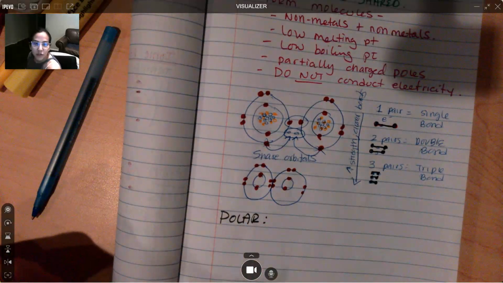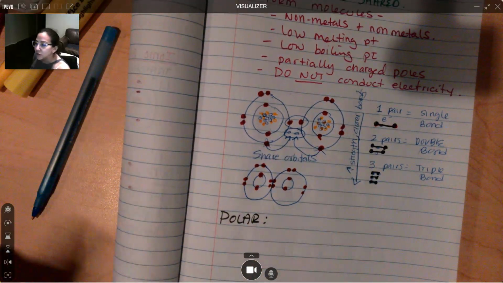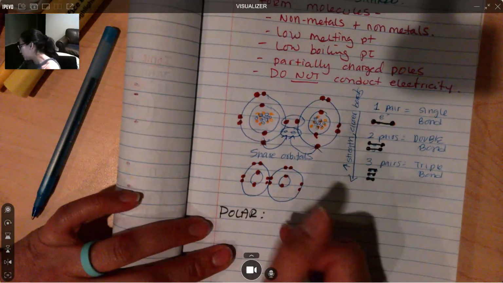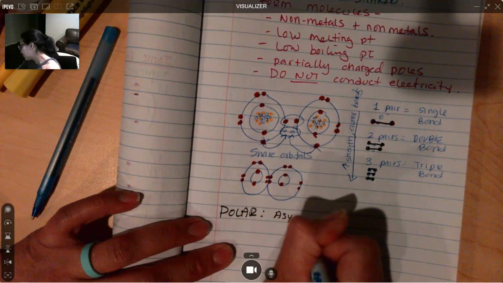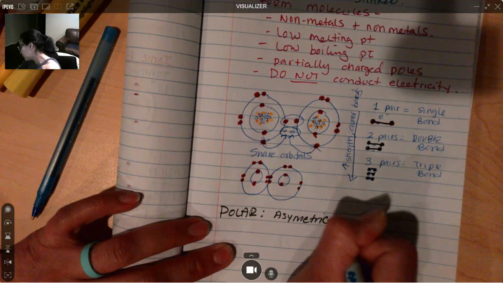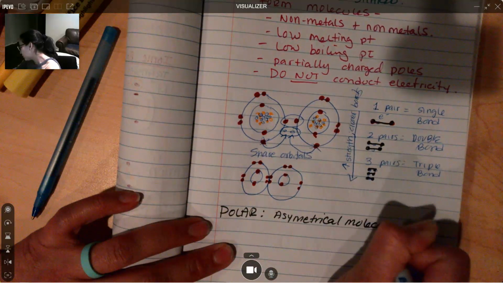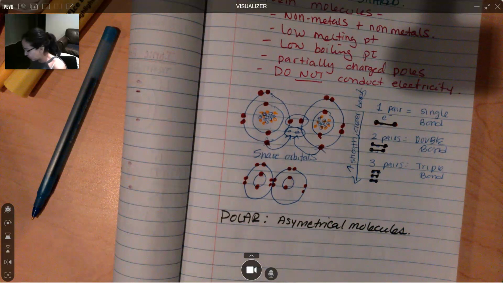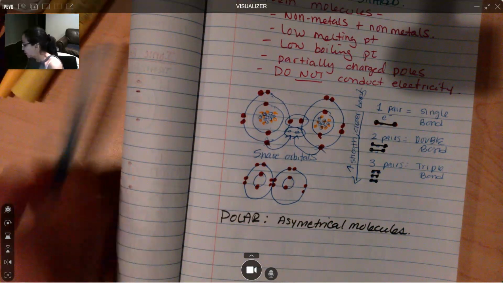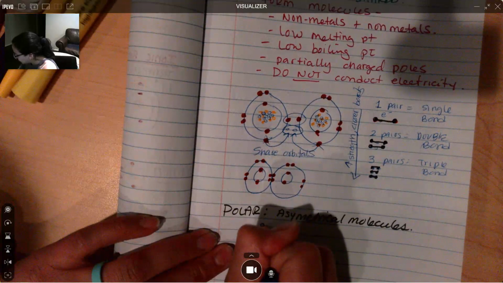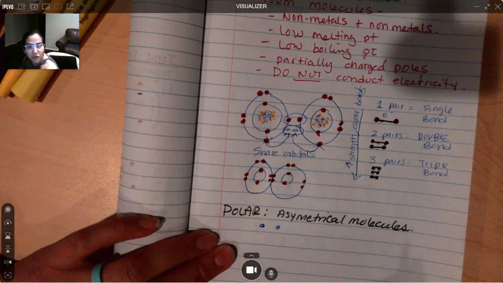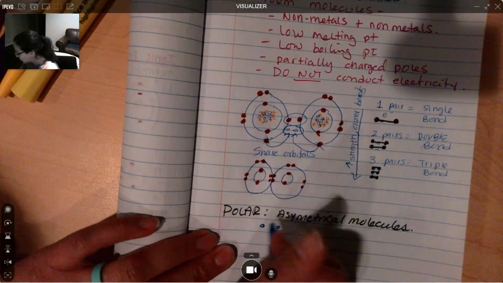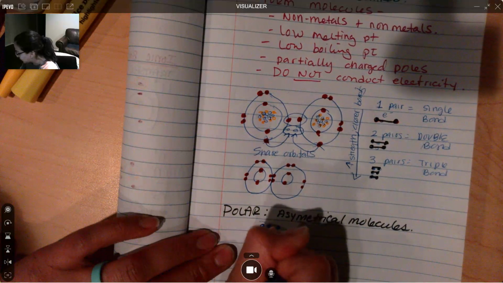So polar molecules are asymmetrical molecules. And an example of what we mean by that is quite simple. You have 2 atoms, and they're going to be sharing electrons, but you're going to see it like this.